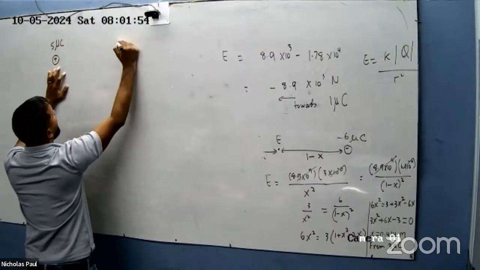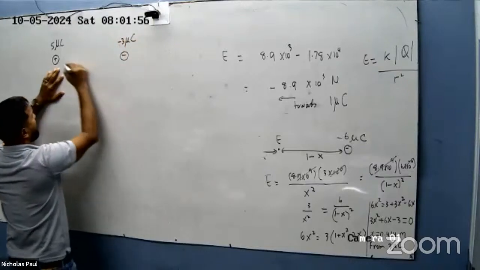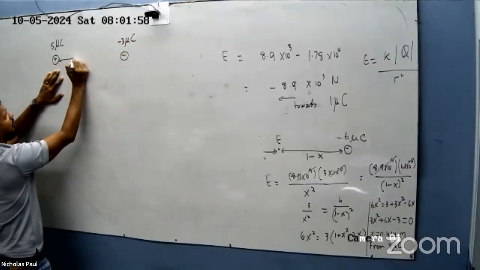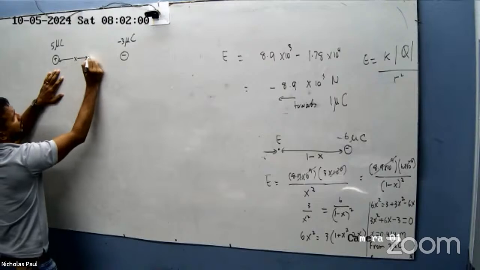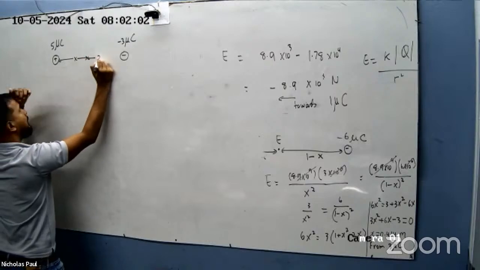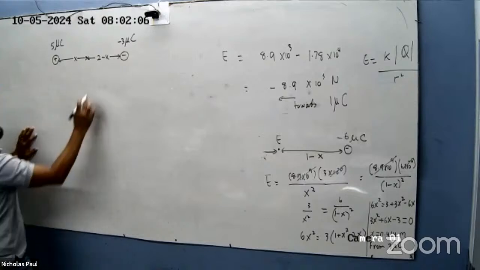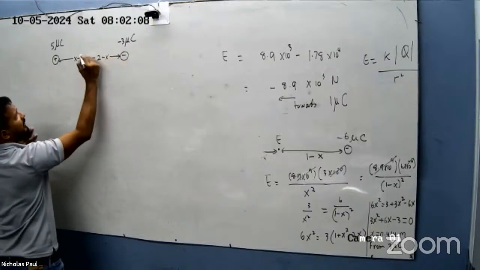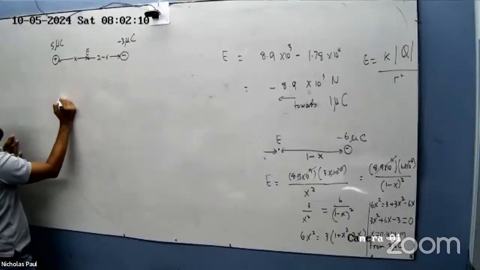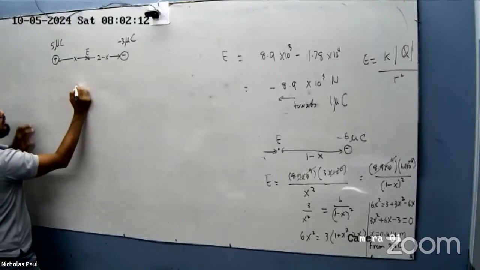Any distance to meet the. Right, so x and 2 minus x, right? So you want the electric field somewhere there where it's equal.